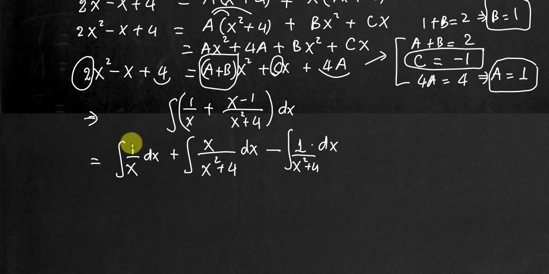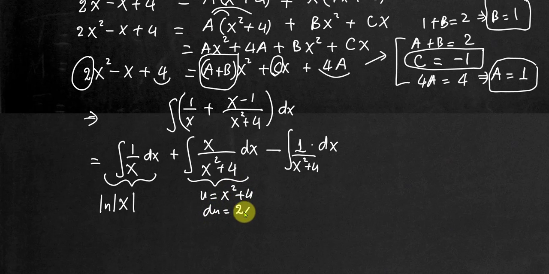Okay, so I know that the integral of 1 over x right here is the ln of the absolute value of x. What about the integral of x over x squared plus 4? Well, in this case, I'll let u be x squared plus 4. Then du is 2x dx. Right, so I know that on the top, I have the x.